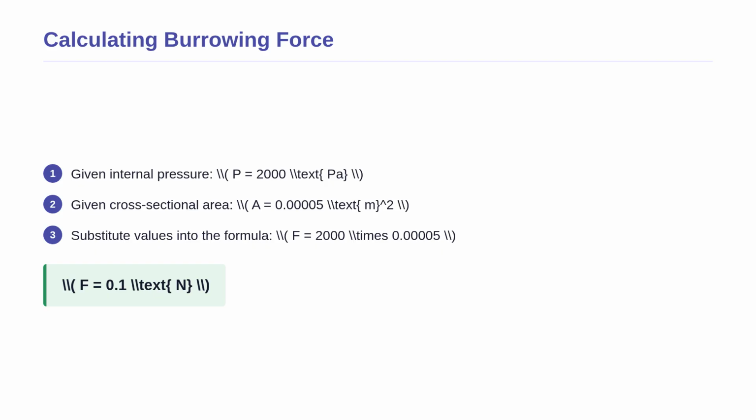We choose our hydrostatic force formula because it directly relates pressure and area to force. We substitute 2,000 for P and 0.00005 for A. Multiplying these gives us a final answer of 0.1 newtons. This physical mechanism explains exactly how soft-bodied annelids conquer solid environments.